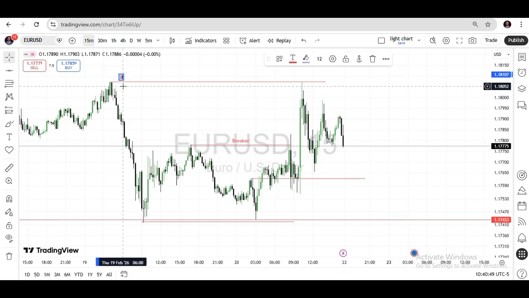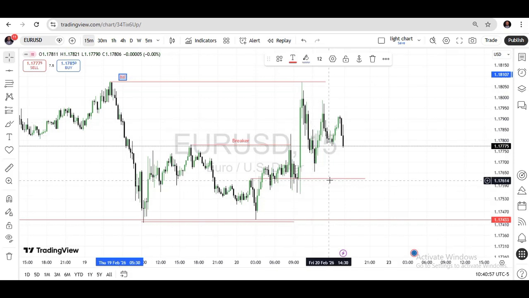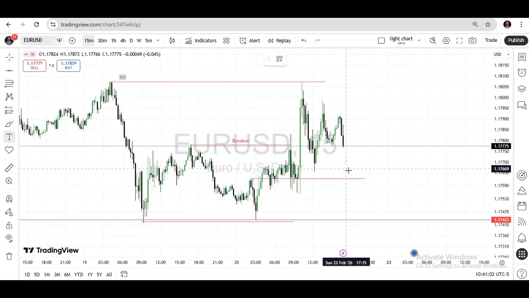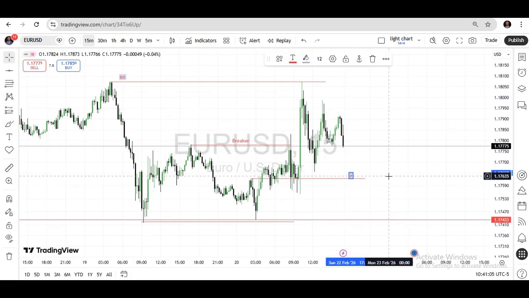Let me just put buy side liquidity. Our entry point is here. Entry. So that's our entry point for now.